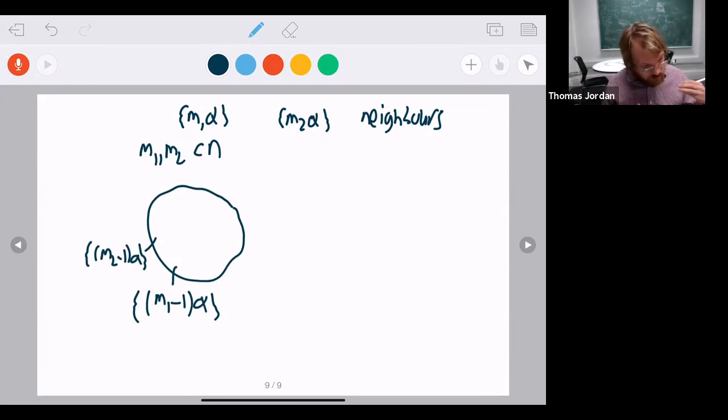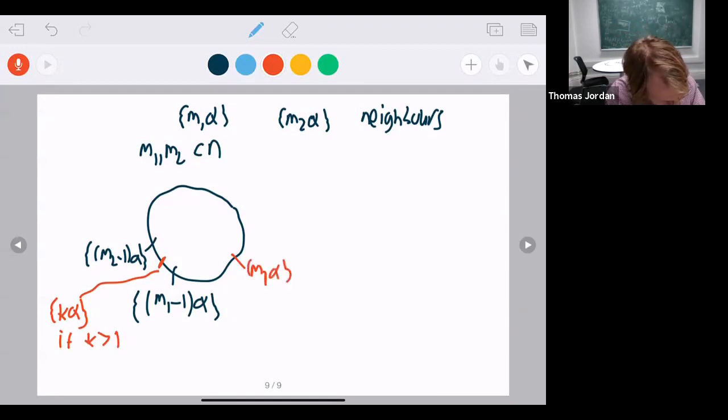Now suppose they're not neighbors, then we can find a point between them, which is K alpha for some value of K. But if K is greater than 1, then when we go back to M1 alpha and M2 alpha, we're going to have (K minus 1) alpha between the two.